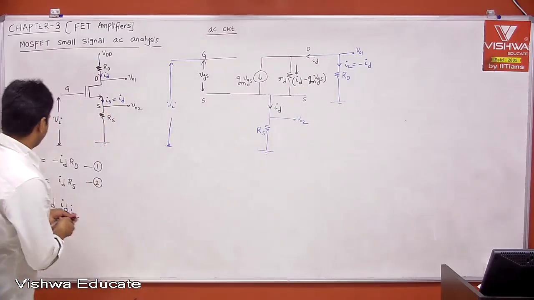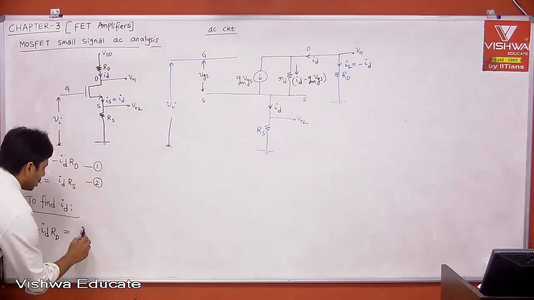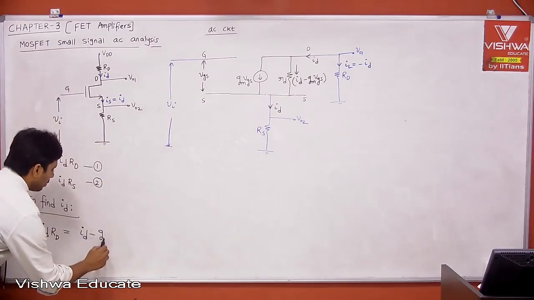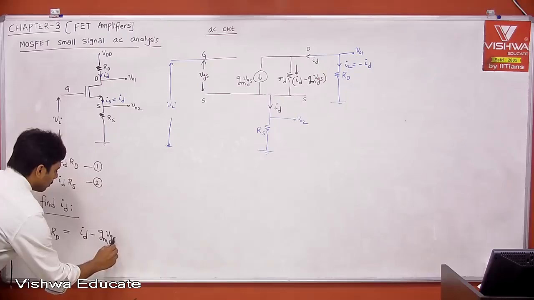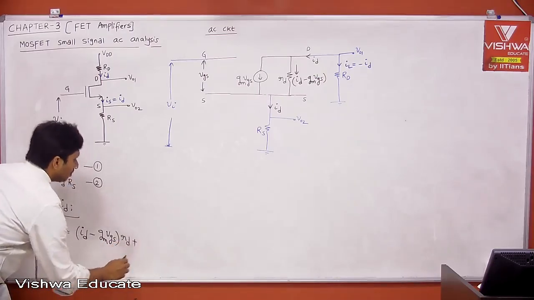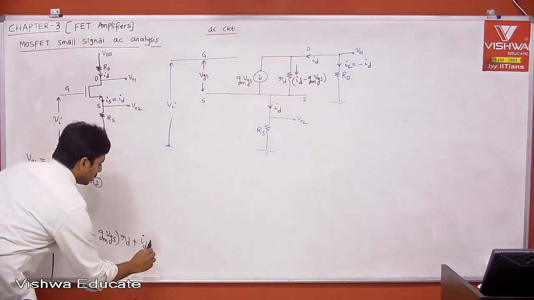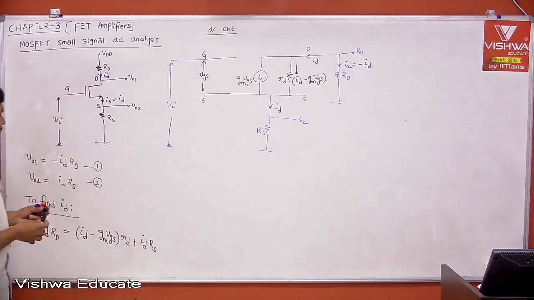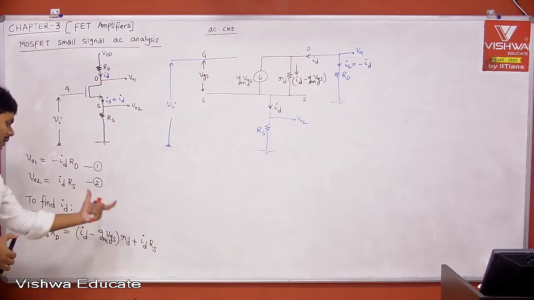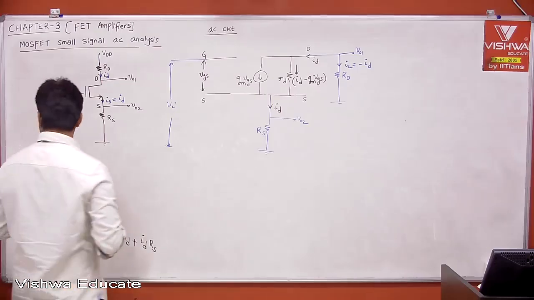Then the drop across small RD is ID minus gm into VGS into small RD, plus the drop across RS, which is ID into RS. Okay. Now we can take this ID in capital RD to the right hand side and take ID common. You'll get a simple form.